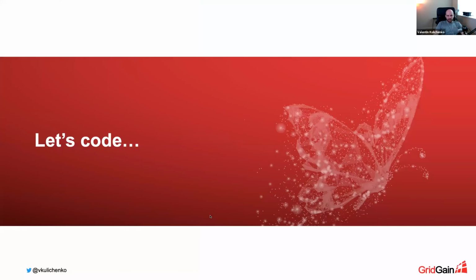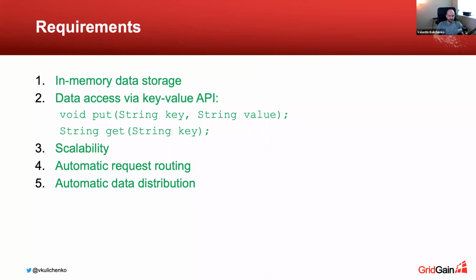All right, so with that, we basically covered all the requirements that we have. We created a database which can store data in memory, which provides a basic key-value API with put and get methods. And it provides us with all the basic scalability functionality.